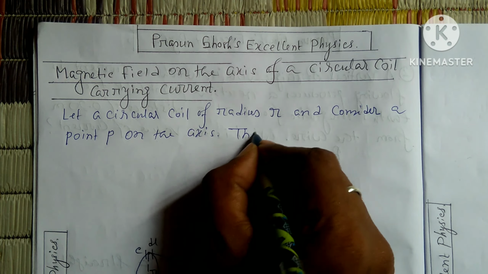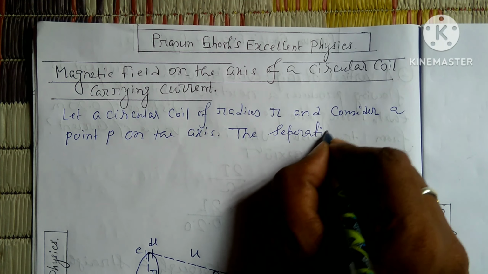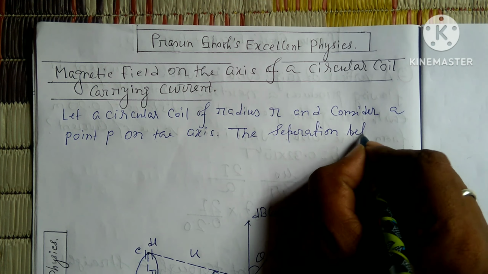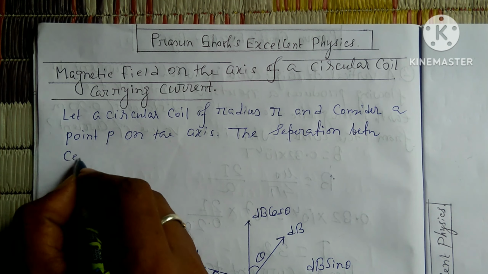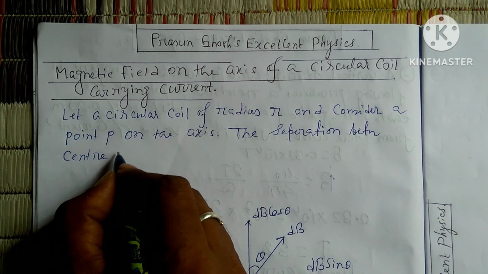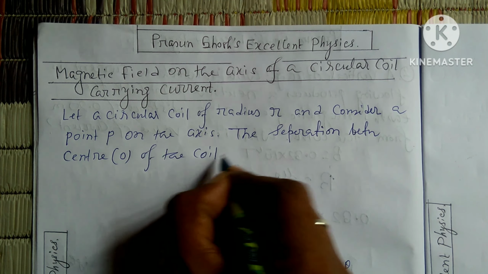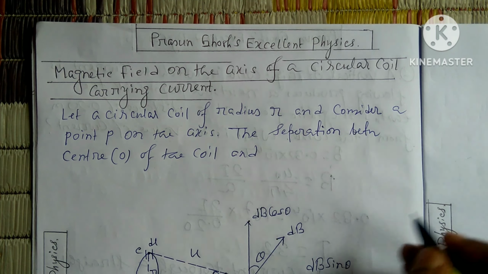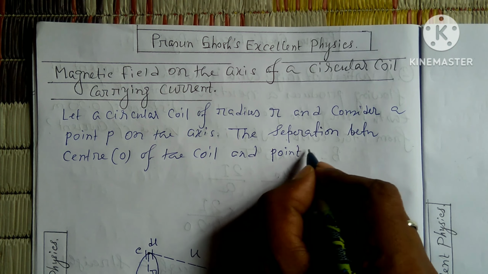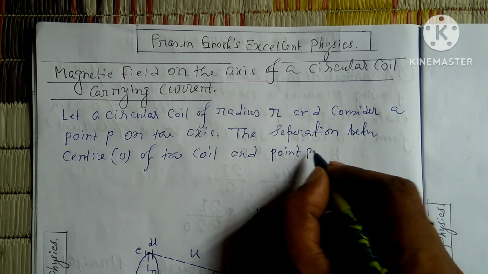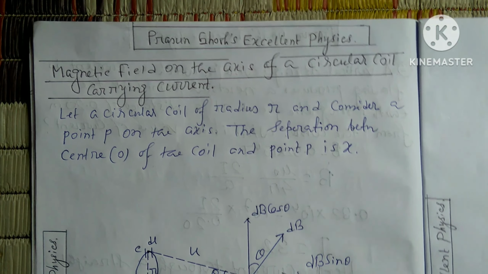The separation between the center of the coil and point P is x.